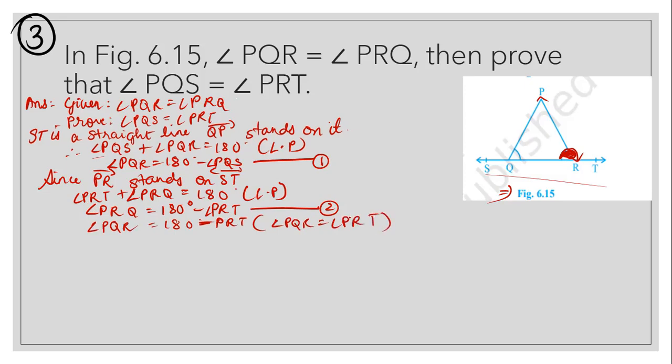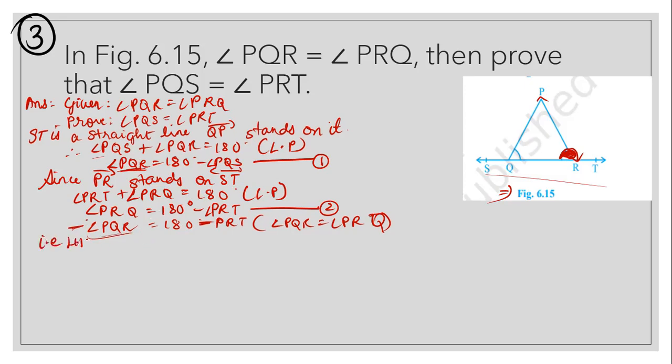So instead of angle PRQ, can I substitute angle PQR? And you can do vice versa also. Suppose you're keeping angle PRQ, here you can change PQR into PRQ. Since here I've already written PQR, I'm just changing the value here. But you can do vice versa also. It's fine.